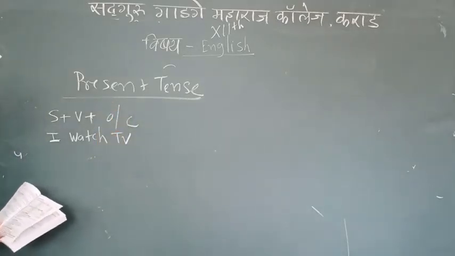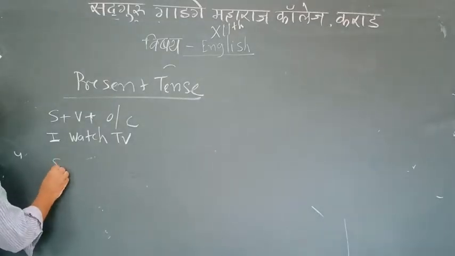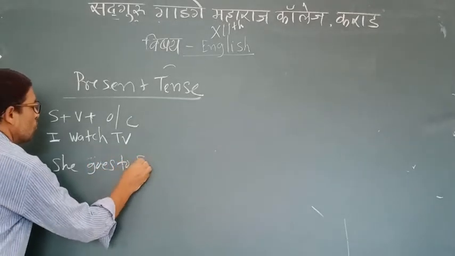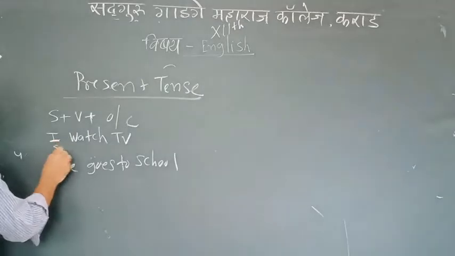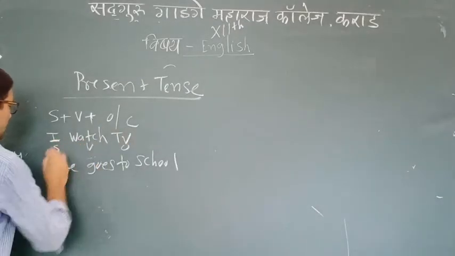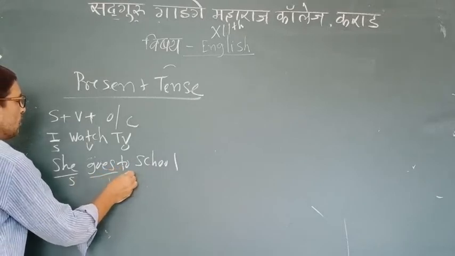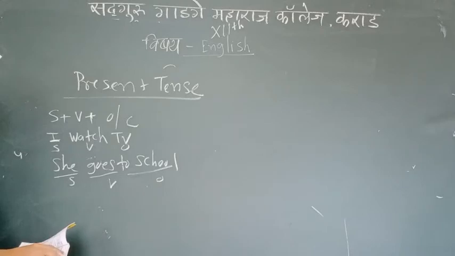Now see the next sentence. She goes to school. She is the subject, goes is the verb, and school is the object. This is the formula of the present tense.